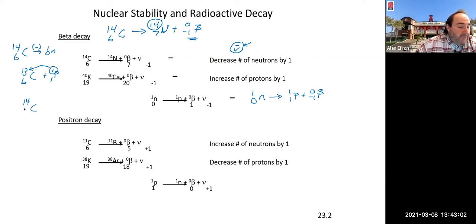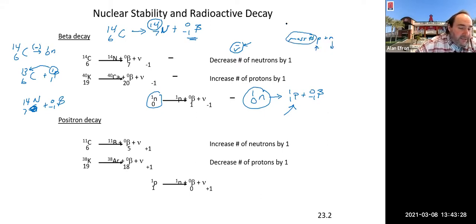This guy then becomes 7, and now we get nitrogen along with the beta particle that is given off. So although we lose a neutron in this process, we do gain a proton, and because the mass number is protons plus neutrons, this goes down but this goes up, and that means the mass number will stay the same. That's why we don't get a big change in the mass number when we're dealing with a beta particle.